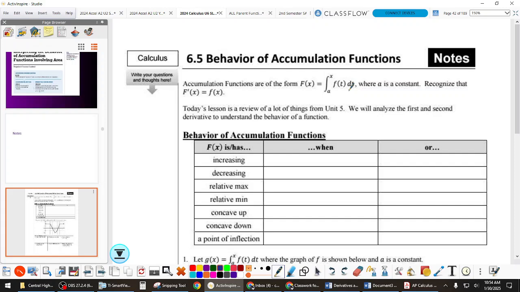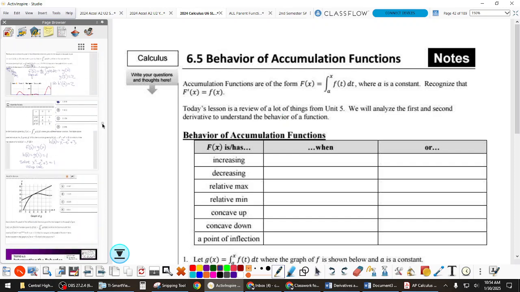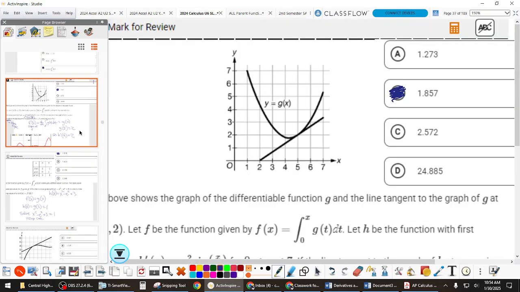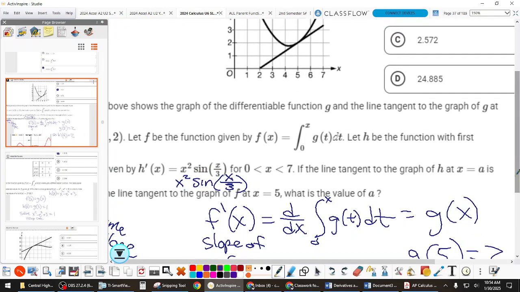And I do want to mention, I tend to rewrite the function name as capital F just for myself. I don't know if you want to try that. I think it's helpful, instead of calling this F, to put it in the form I'm used to, which is capital F. Eventually I'll probably have to switch back, but when I see capital F, it reads to me as an integral.